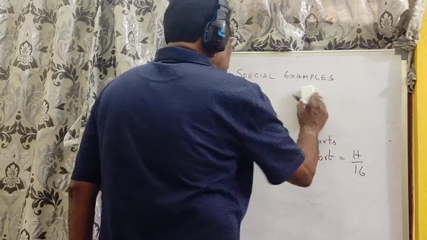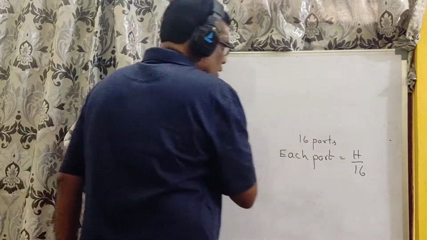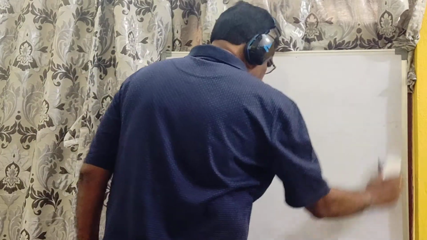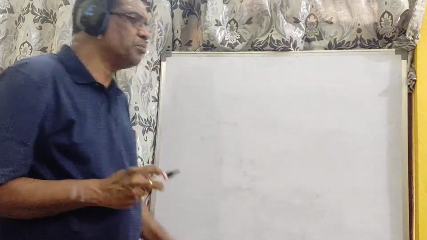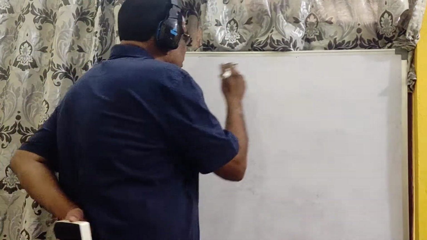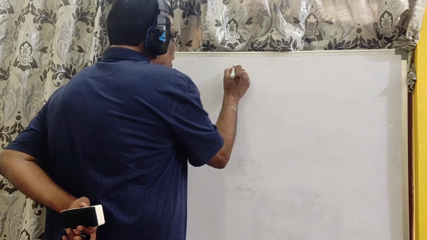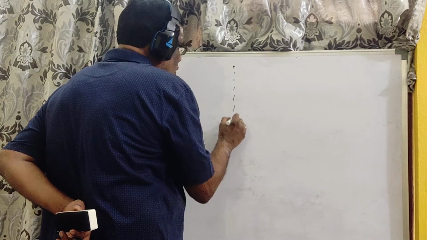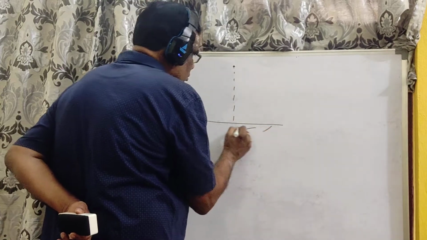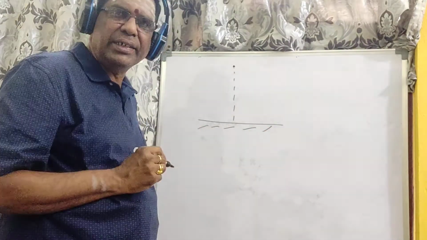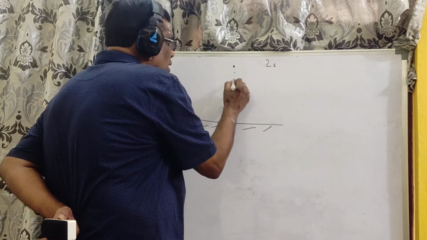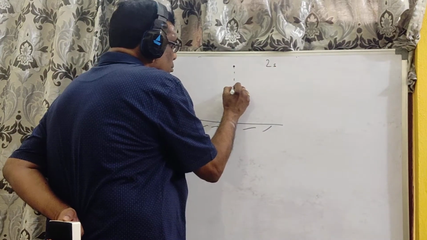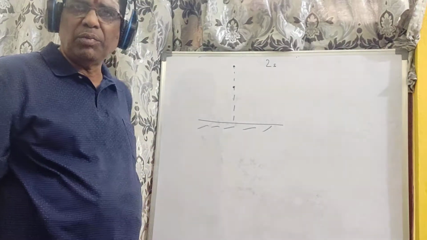Now, once you have got this point, let me tell you. Say for example, one body is dropped from a height h. After some 2 seconds, another body is dropped.